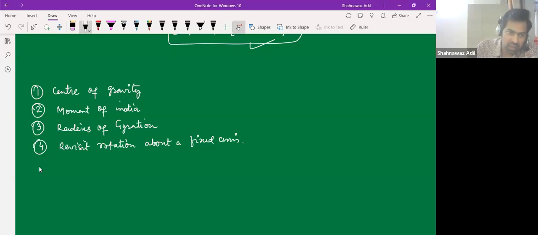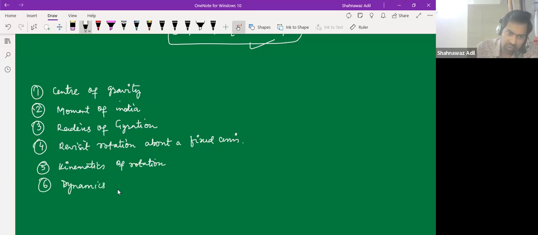And in that, we'll understand about the kinematics of rotation, and we'll also understand about the dynamics of rotation.